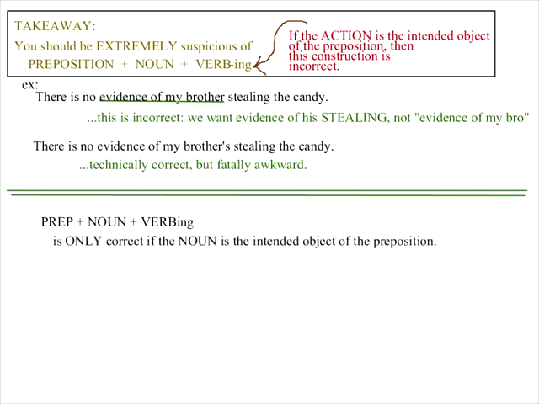Okay, here's an example of this. I gave $5 to the beggar walking on the street. In this case, this actually works because this really is to the beggar. And then this part here is just a modifier.